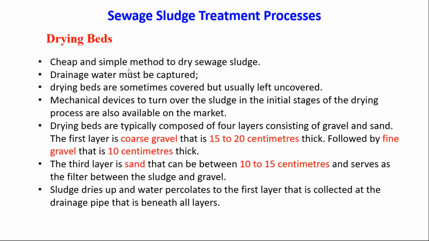So this is the simple and cheap method for drying the sewage sludge. Draining water must be captured. Drying beds are sometimes covered but usually left uncovered, and whatever layers I have shown you, there may be a first layer of coarse gravel 15 to 20 centimeters thick, followed by a fine gravel of 10 centimeter thickness, and the third layer is sand that can be between 10 to 15 centimeters and serves as a filter.